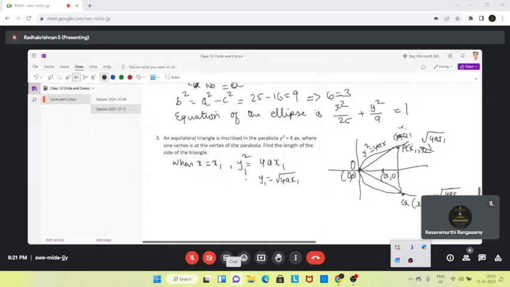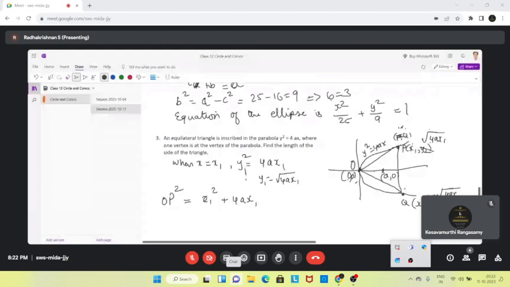So now OP is equal to PQ. So with these coordinates, you can find out the distance between the 2 points, right? So then by solving that equation, OP square will be x1 square plus 4a x1.